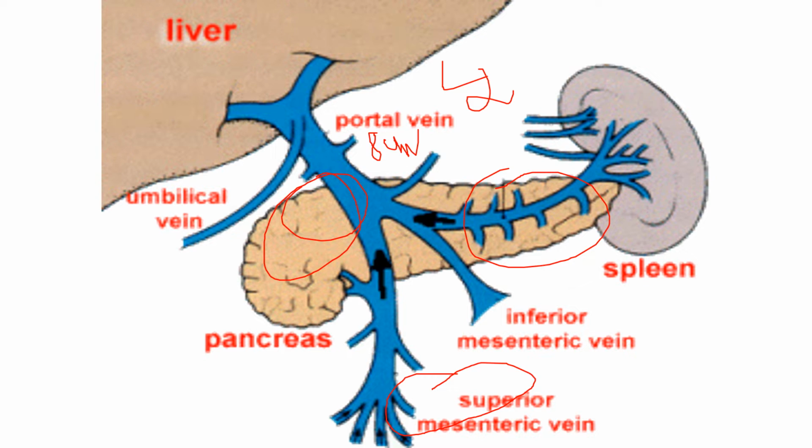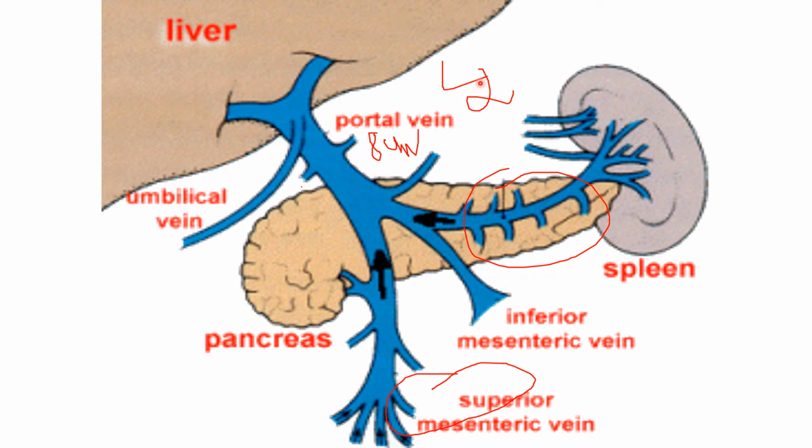In this diagram, just to ease understanding, we are showing it in front of the pancreas, but actually in the human body, it is present behind the neck of the pancreas at the level of the second lumbar vertebra. Okay, this is the first part done, and now let us see the course.